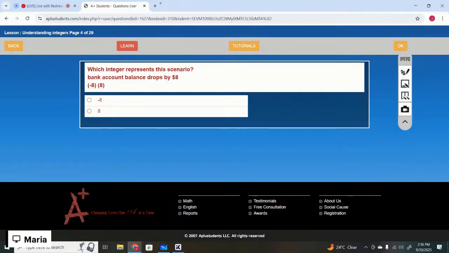Which integer represents the scenario bank account balance drops by $8? So drops are represented by negative numbers. Option 1 is the correct option.